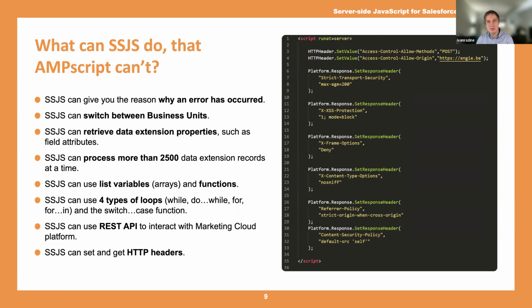And those headers can be related to security, like you can see here on the right. I will not go much into detail, but this kind of headers should be included in all landing pages to prevent, for example, cross-site scripting attack or something like that.